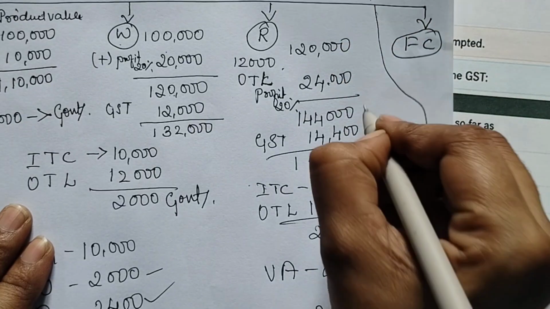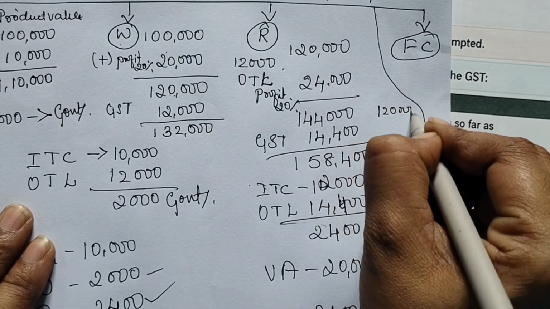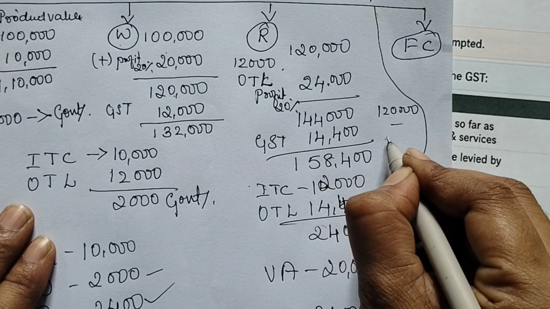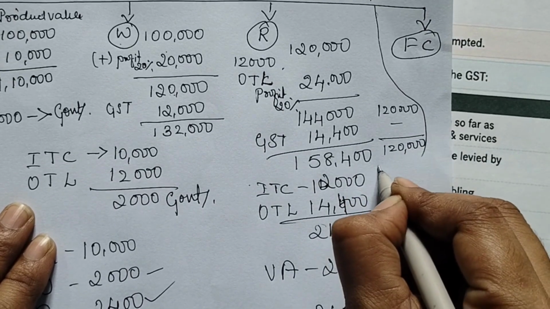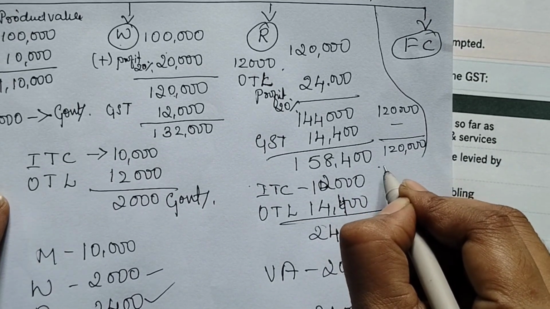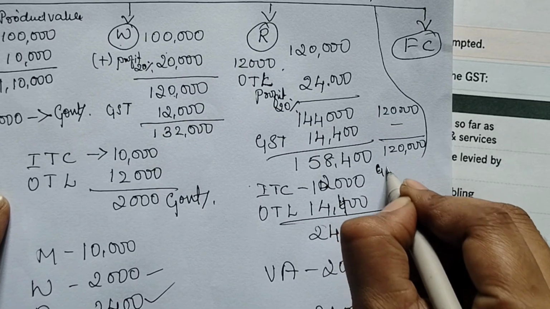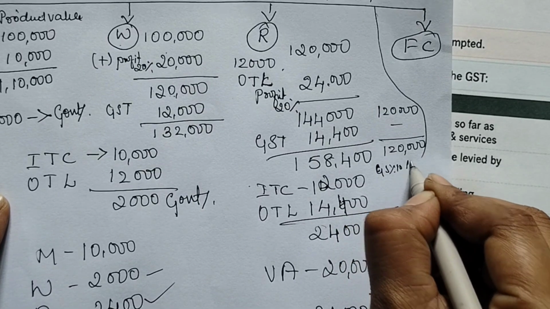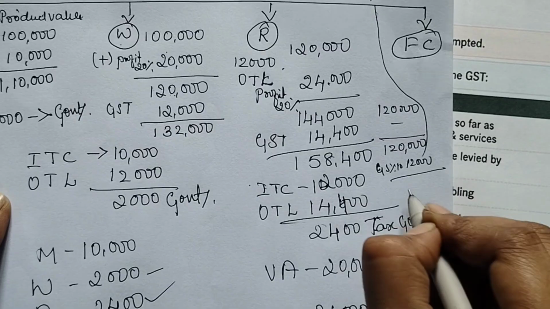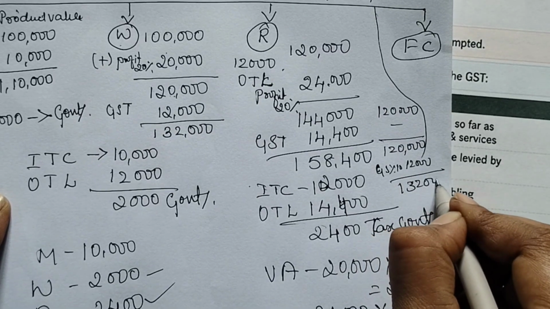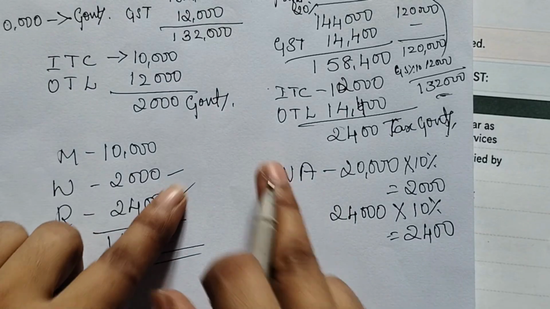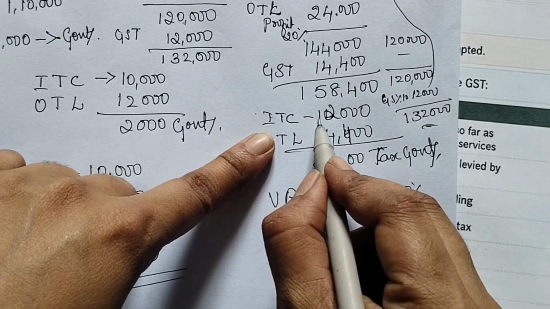Now, let us see if value is not added. Example we are seeing. 1,20,000. He has not got any profit margin. So the same 1,20,000. On 1,20,000, what is the amount of tax he is going to pay? 10% GST, it will come to 12,000. 1,32,000. Now, how much is input tax credit? 12,000.